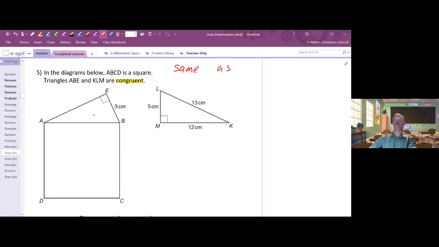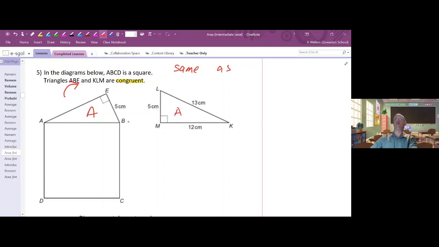So what they're saying is this triangle has the same area as this triangle, right? One has been turned around, rotated clockwise like that, or anti-clockwise, it doesn't matter.